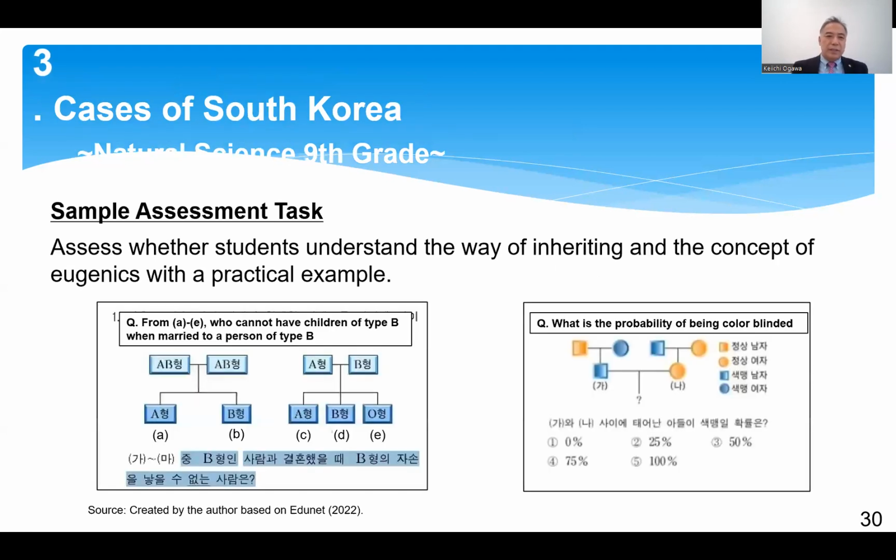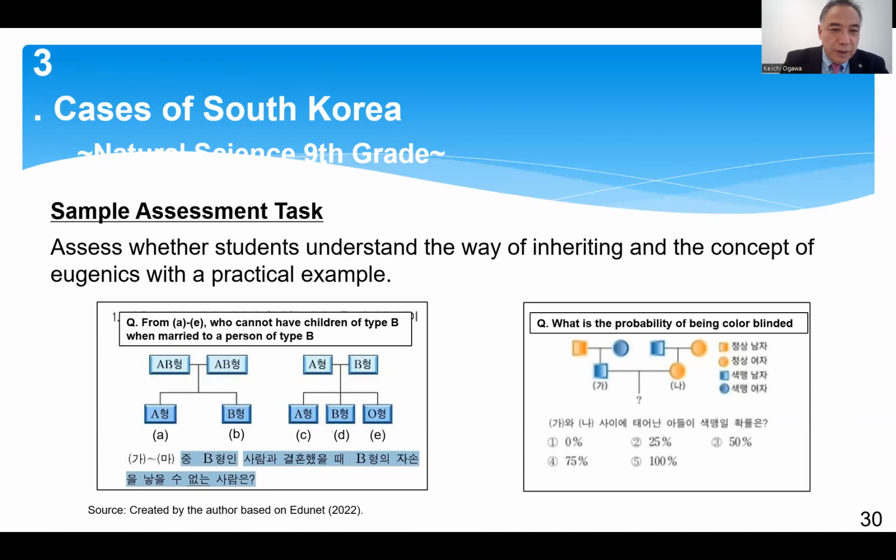For instance, here are sample assessment tasks. Assess whether students understand the way traits are inherited, the concept of genetics, with principal examples. Like mother, father, and what kind of son they have.